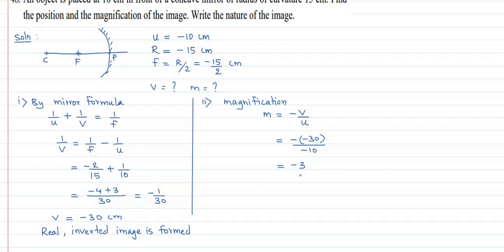The negative sign indicates the image is inverted, and it is magnified 3 times. Clear, students? So this is on optics.